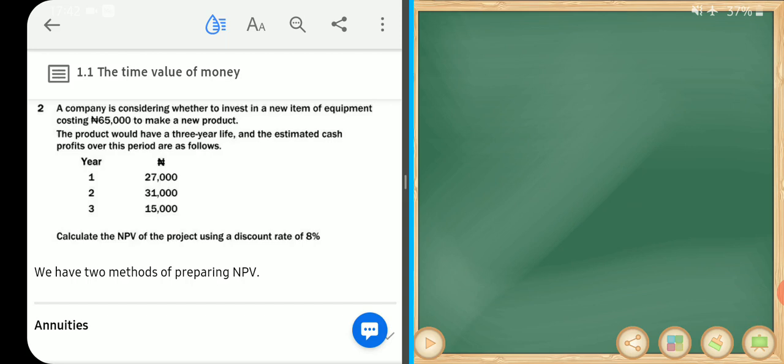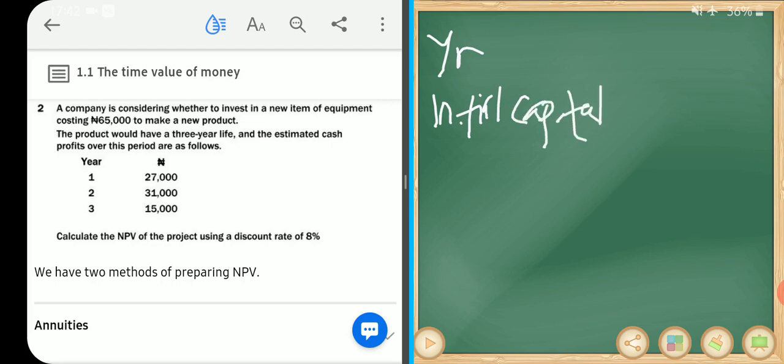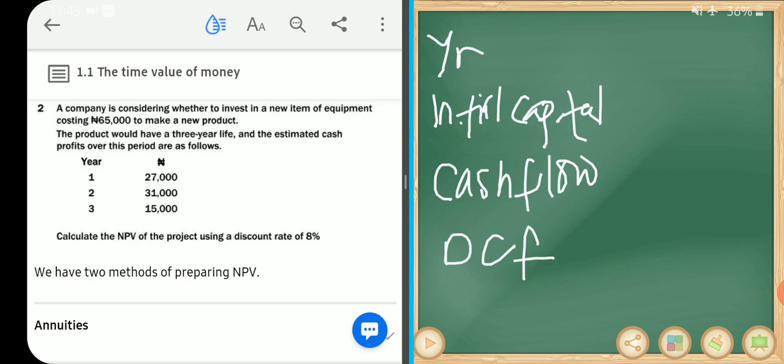If you are doing it vertically, you write your year like this, your initial capital, your cash flow, your DCF, your present value. You see, it's just vertical.